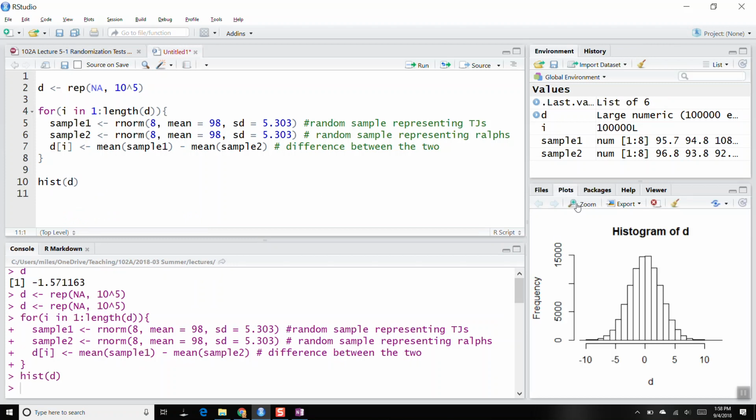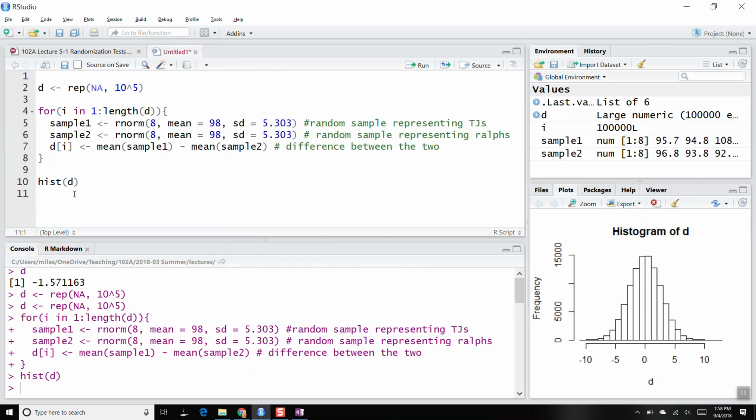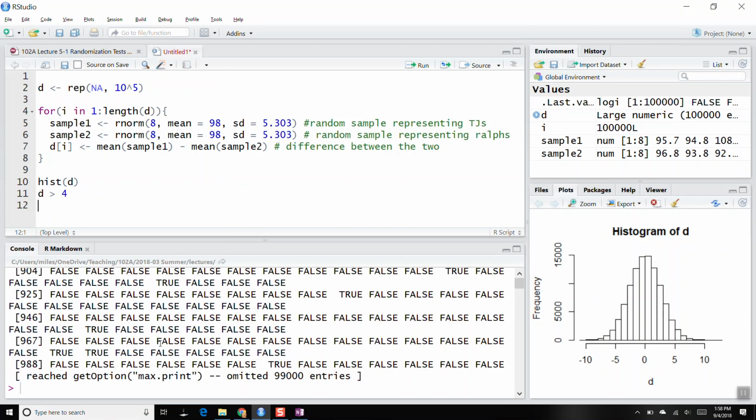Then let's take a look at the histogram of d. We see most of the time we're getting differences near 0. Sometimes we get bigger differences, sometimes we get smaller differences, right? And we want to know how many of these differences are bigger than the difference we observed. So we observed a difference of 4. We can do d greater than 4, and this will give us a logical vector.